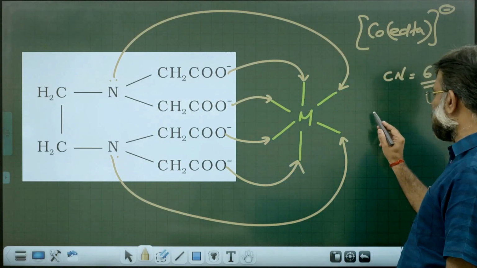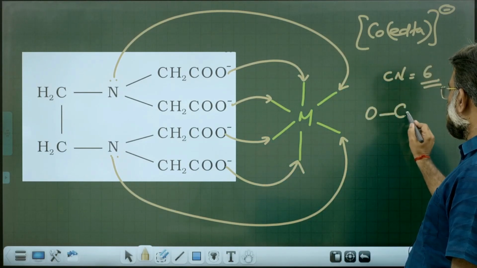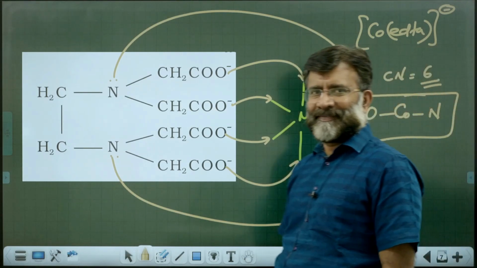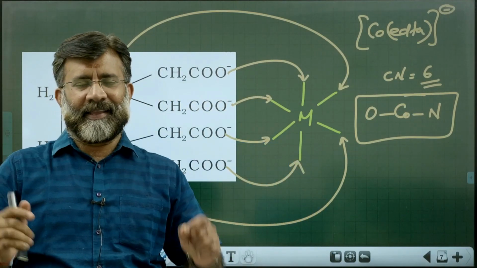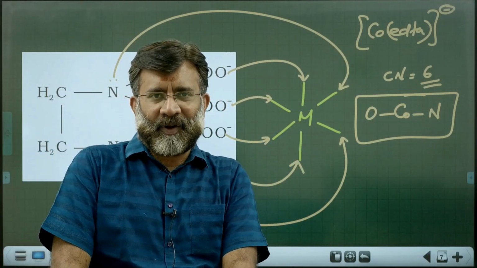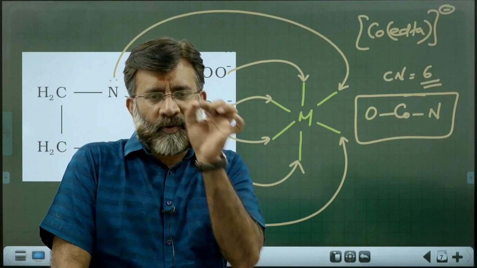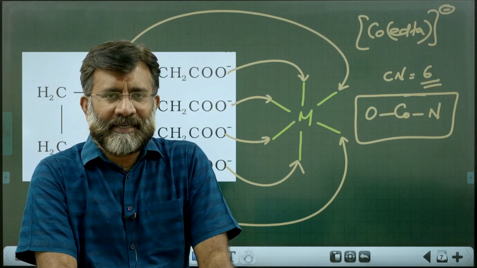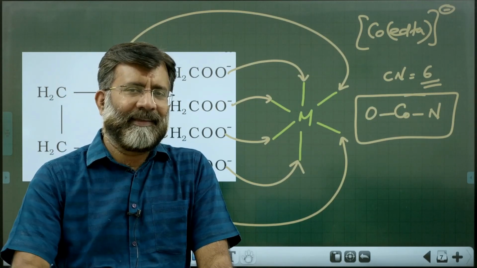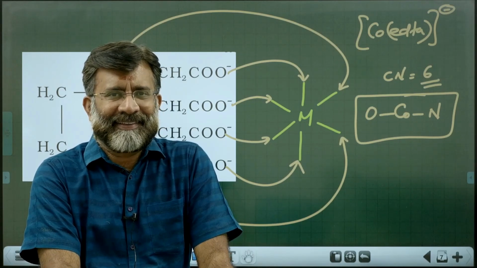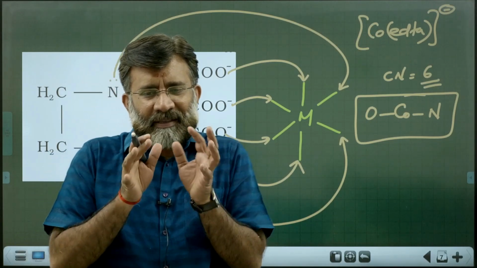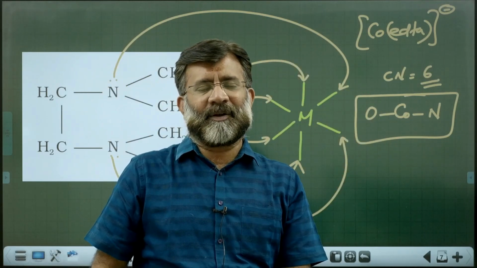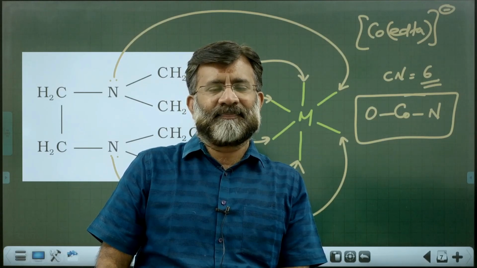If you take the cobalt EDTA complex forming an octahedral complex, how many oxygen-cobalt, nitrogen-cobalt bonds are present in the EDTA complex mentioned? An old IIT question, you can try how much it is coming. So you have to be very careful understanding the connectivity and the molecular condition of the system, right?